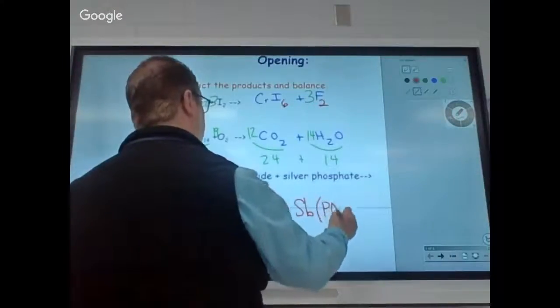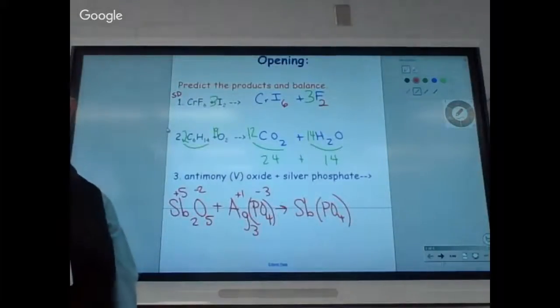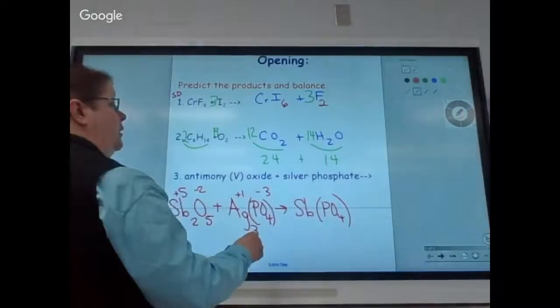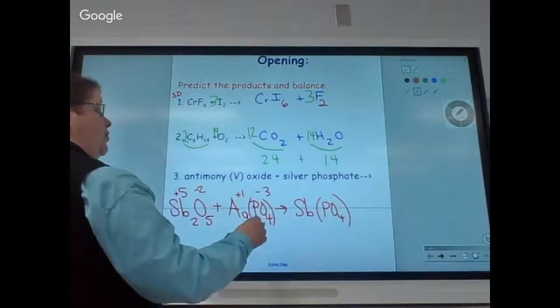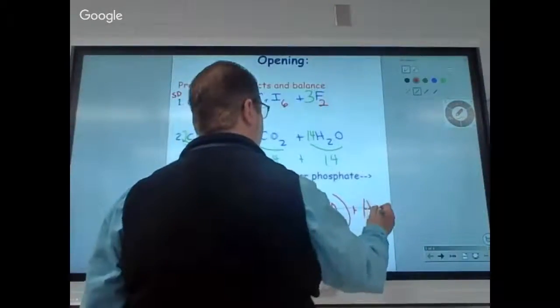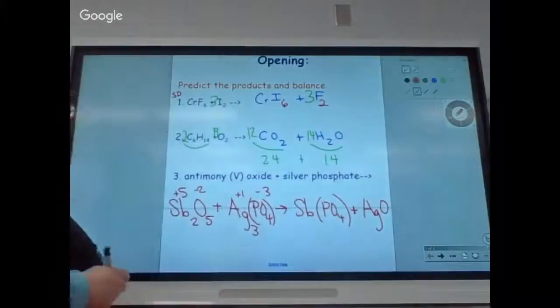Now, the 4 gets to come across the arrow because it's part of the polyatomic ion. Now, this 2, this 5, and this 3 do not get to go across because they're not part of a polyatomic ion. All right, so the Ag is with the O. But none of those other numbers get to come across.